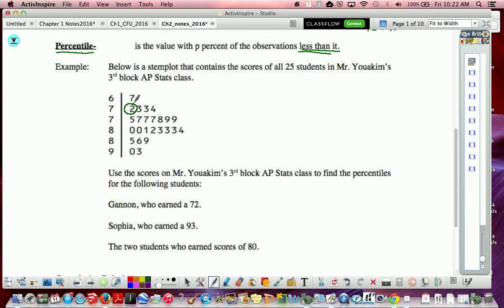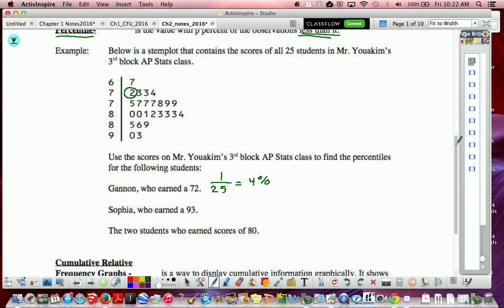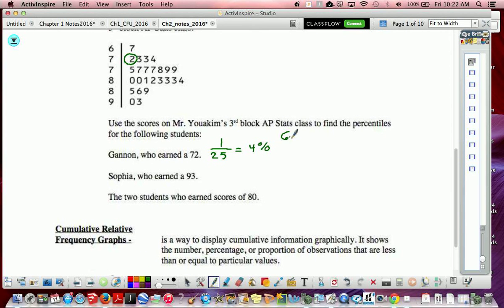Okay. So there's 72. How many scores are below 72? One. One score below 72 out of 25. That's 4%. Okay. So Gannon's score is in the 4th percentile.